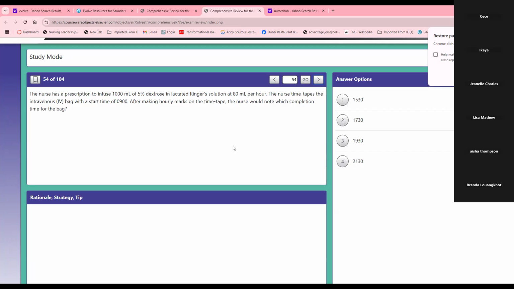So this one wants you to tell us what the completion time would be here. All right, so you know you have 1,000 mLs. It's running at 80 an hour. You started it at 9.